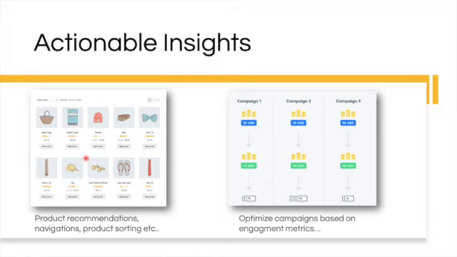It could be product recommendation, navigation, or product sorting, so we can optimize that. And for campaigns, if you are driving new visitors, the optimization metric shouldn't be conversion. You can use as the optimization metric the percentage of people who visited 4 or more products. In Facebook you can create a custom event, and in Google also, and ask the ad platform to optimize for this specific metric.